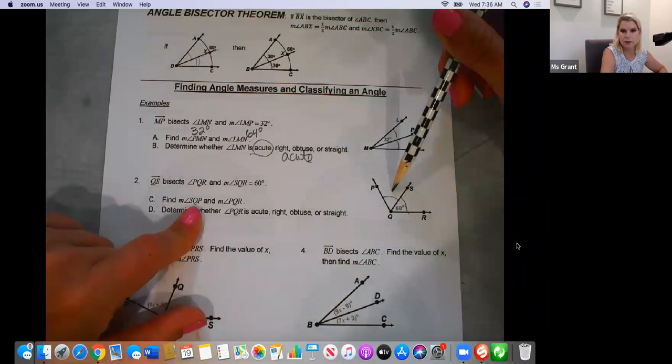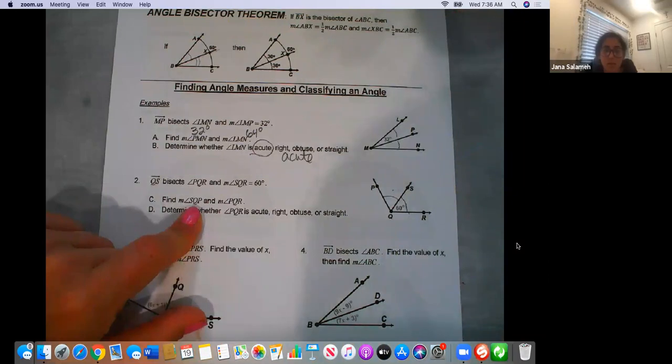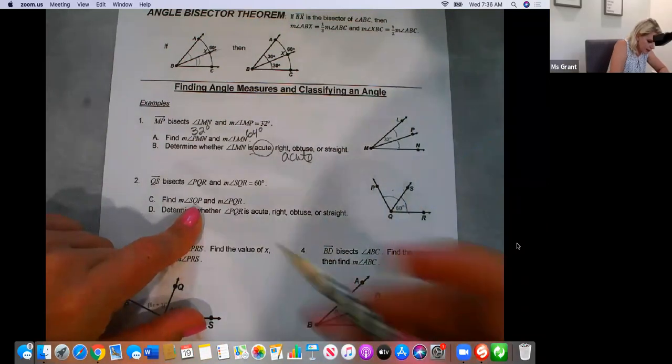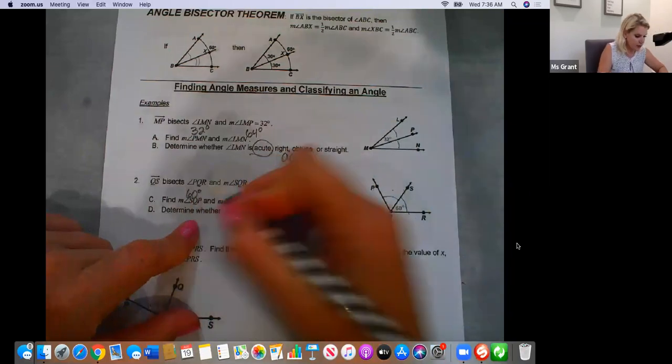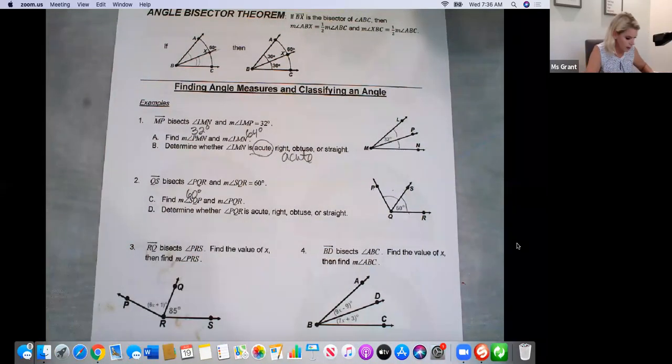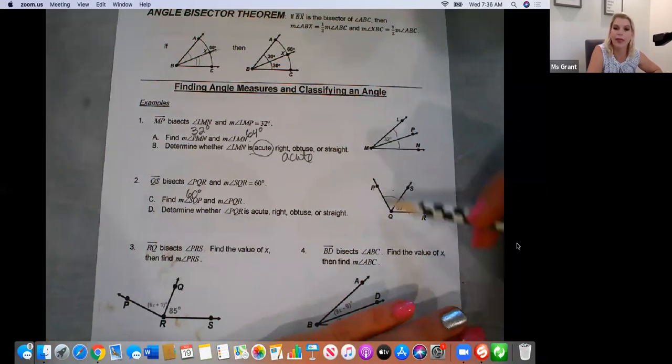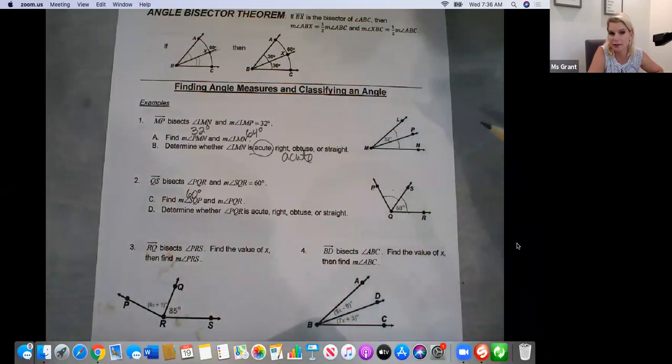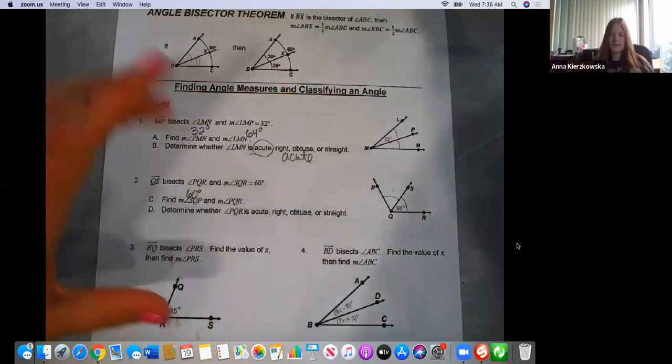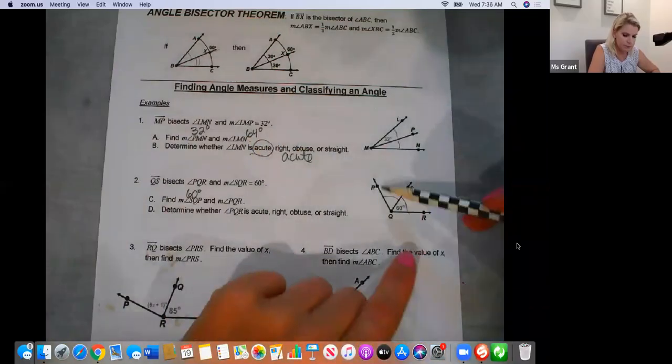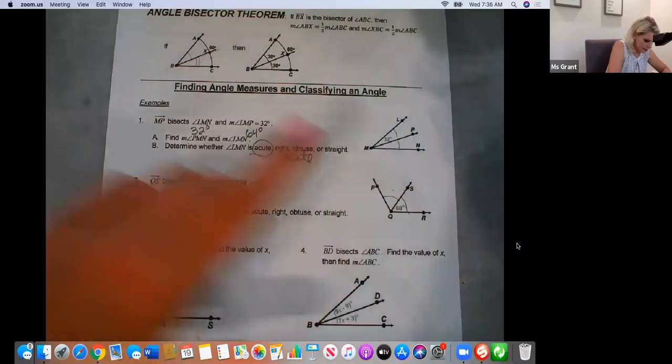No, somebody else? Anna? The angle is 60. Yep, SQP is 60 degrees. Don't forget to put the little degree symbol. And then Anna, the whole thing, PQR, is? Also 60. The whole thing. 120. Yes.